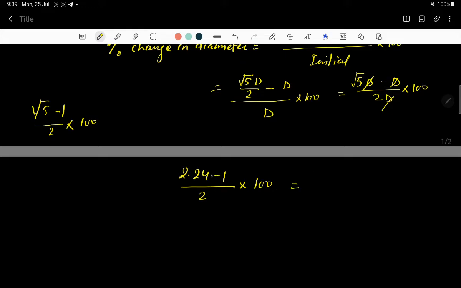So this is 1.24 upon 2 into 100. You can write it as 0.62 into 100, so we can write 62%.